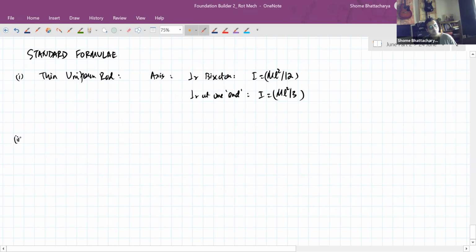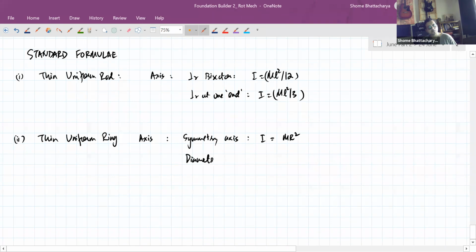Then thin uniform ring. The symmetry axis, Mr square. Diameter axis, Mr square by 2.